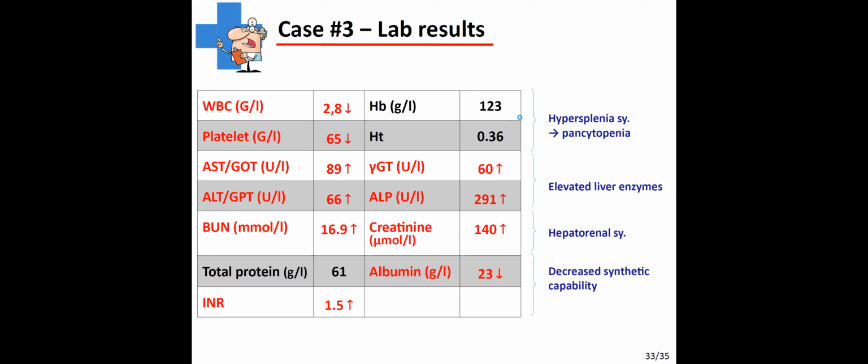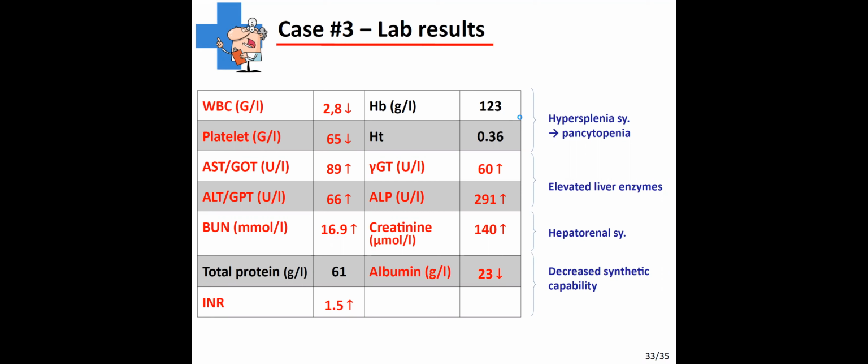The white blood cell count and the platelet count are decreased because we have hypersplenism. Due to the portal hypertension, we have an increased splenomegaly. AST and ALT, the liver enzymes, are altered due to damaged liver cells.